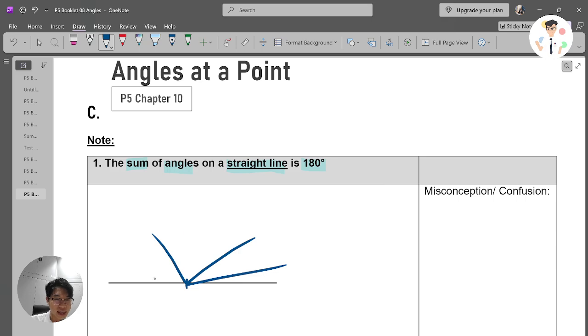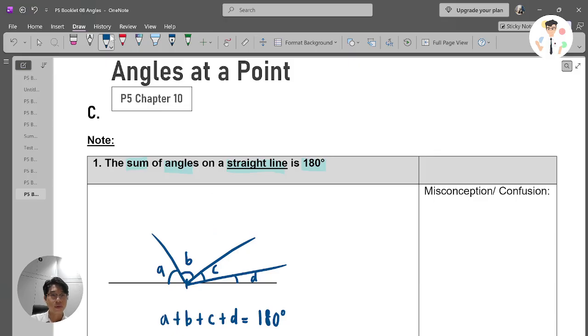No matter how many angles are inside here, if the angle here is named A, the angle here named B, the angle here named C, the angle here named D, I know for sure A plus B plus C plus D is equal to 180 degrees. That is the first very important thing you should know.